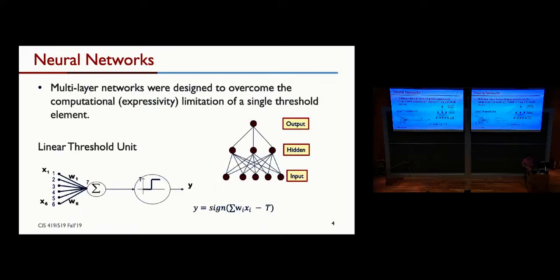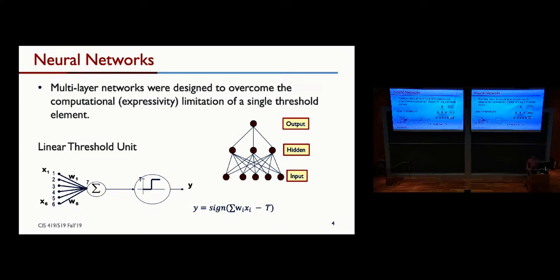Okay, so on a very high level, neural networks are multi-layer networks which are composed of very simple classifiers. They are composed in a specific architecture, which we'll go over. But for example, you've seen the linear threshold unit multiple times in this course.